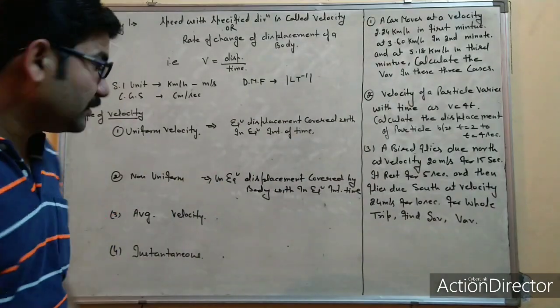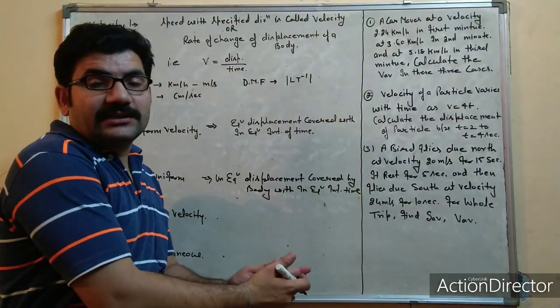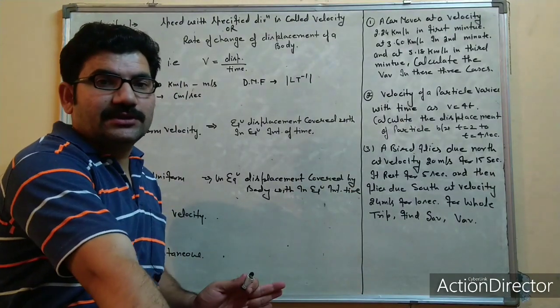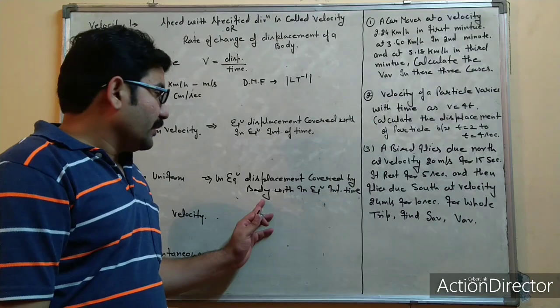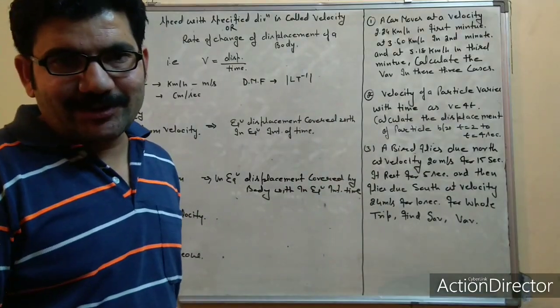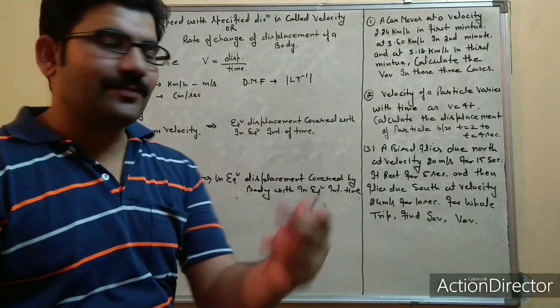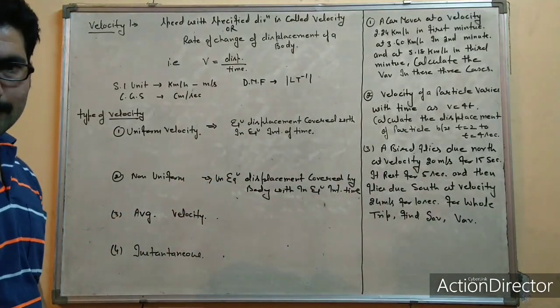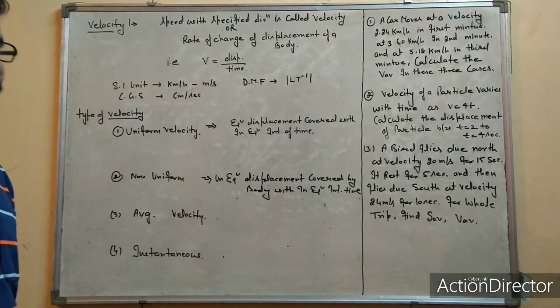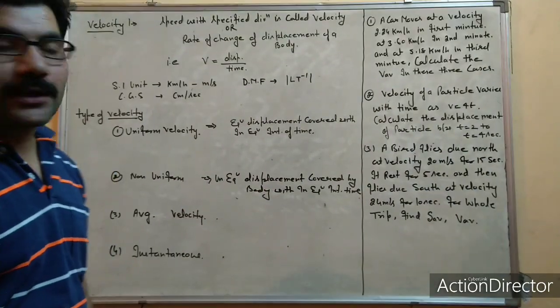Or you may say that either the magnitude or the direction of displacement changes with respect to time, or both of them change with respect to time. This is another form of non-uniform motion, and one form is unequal displacement covered by the body within equal intervals of time.